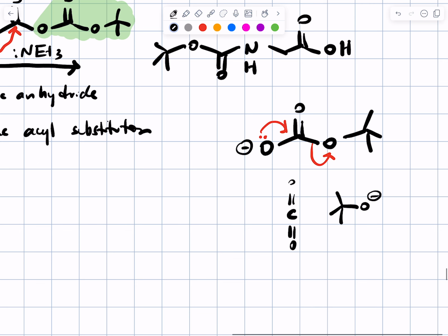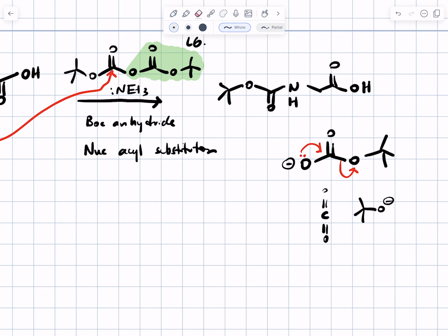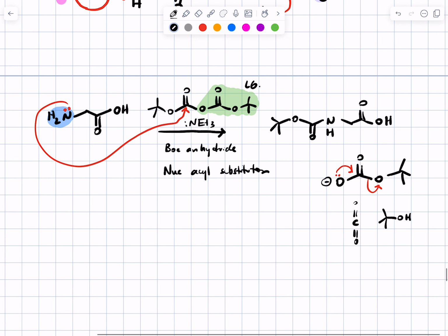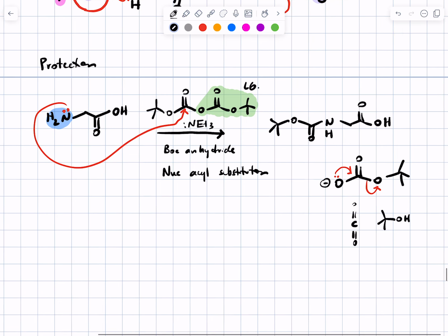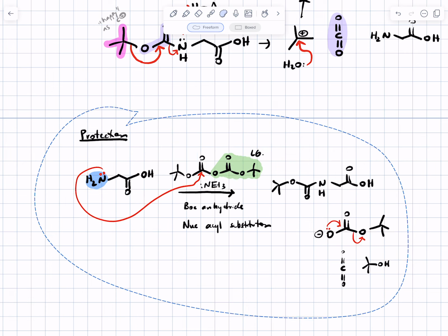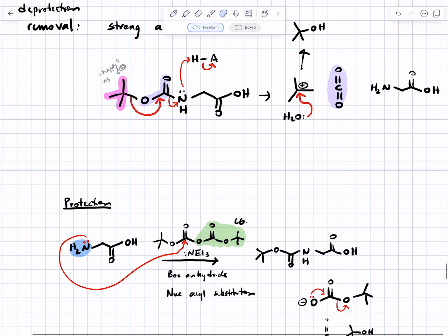You get tert-butoxide, which is going to pick up a proton, probably from one of the proton transfer steps in the nucleophilic acyl substitution. All right, so this is the Boc protection reaction. It is also high yielding and quick to do. Sometimes purification is necessary after the protection reaction, but that's the strategy, okay?